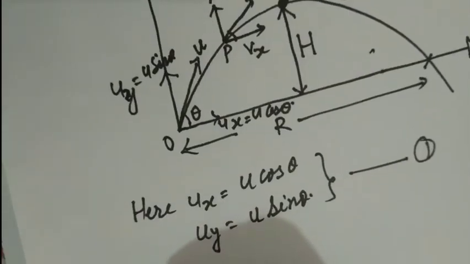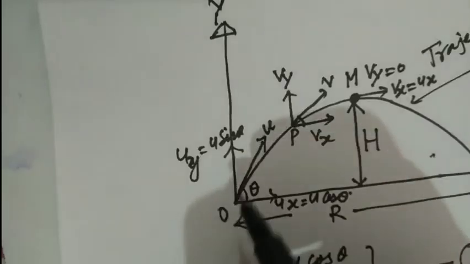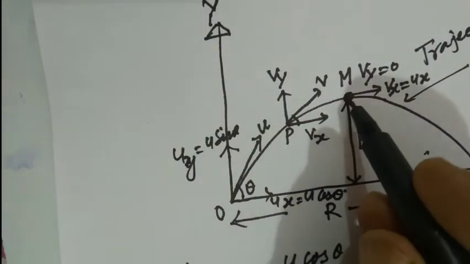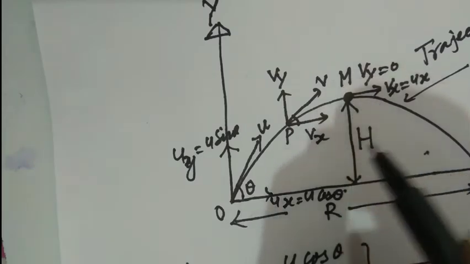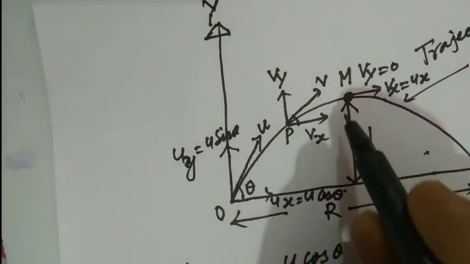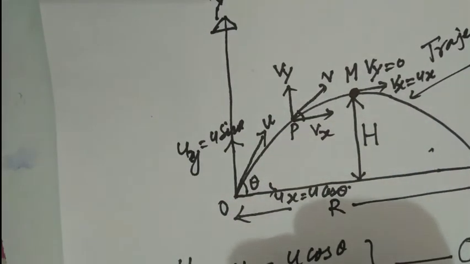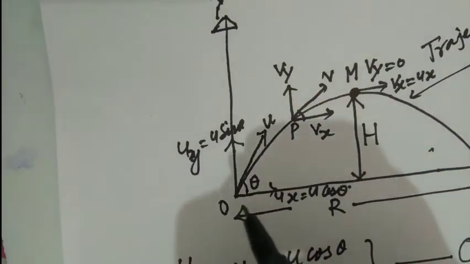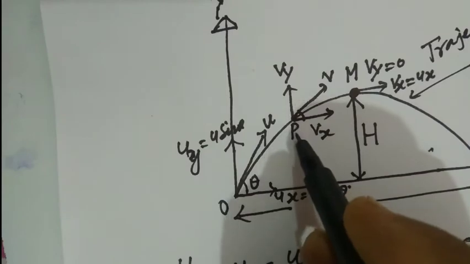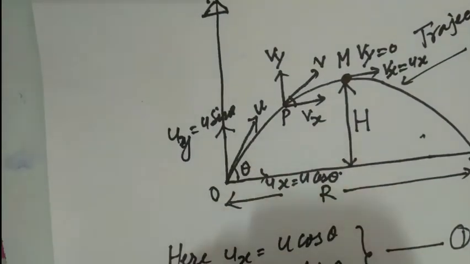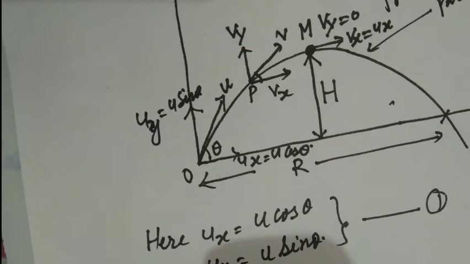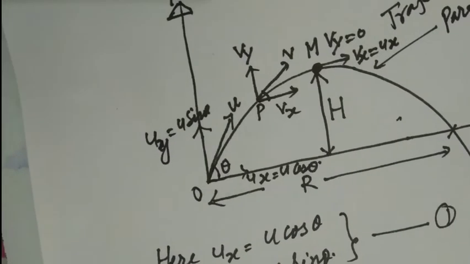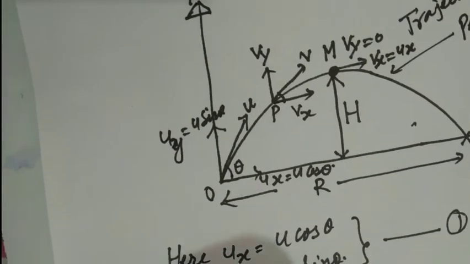First of all, the time of flight, and the time taken to reach maximum height. As you know, the projected object reaches maximum height during that time. See here, after time t, it reaches point P. Now what do we have to calculate? We have to first calculate the maximum height.